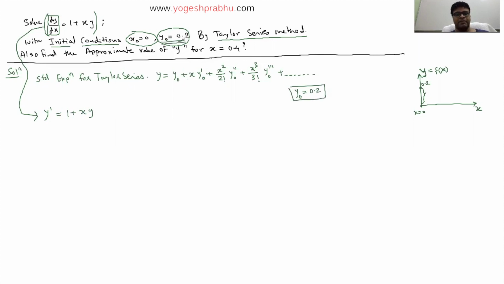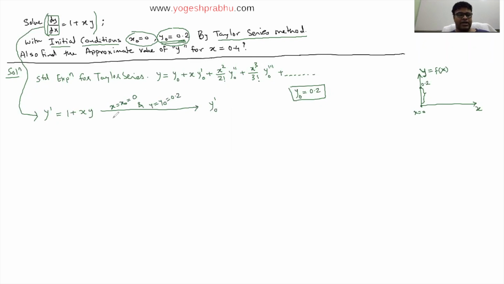Now, the next thing that I want here is y naught dash. So I already have y dash. If I have to find y naught dash, I have to put x is equal to x naught, and mind you, x naught value is 0, and y is equal to y naught, and y naught's value is 0.2.